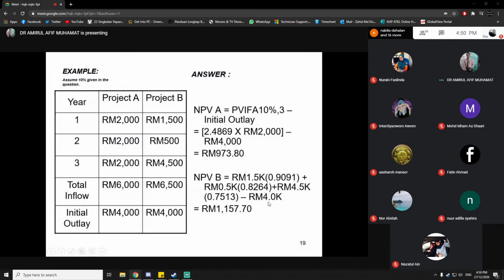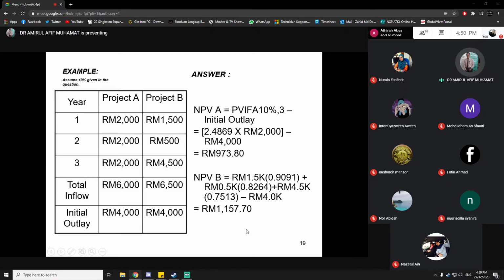initial outlay. In this example, the profit is RM 1,157 ringgit 70 cent. So that is the income for NPV, net present value B. Net present value A, which is annuity, is 973.80.